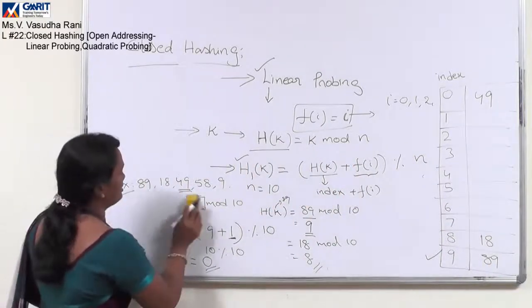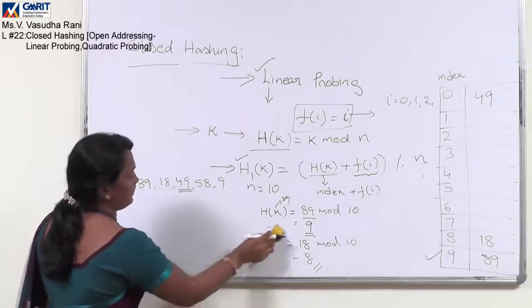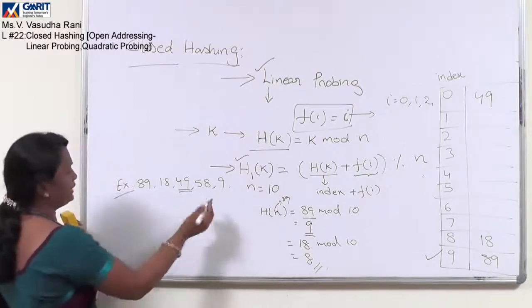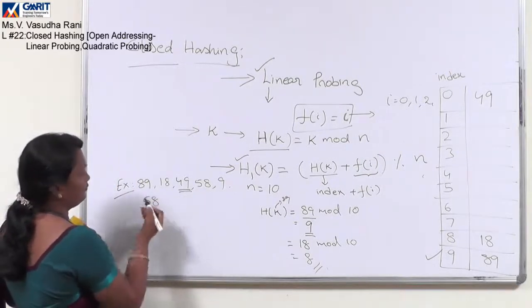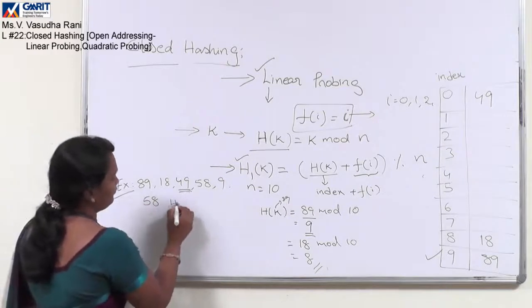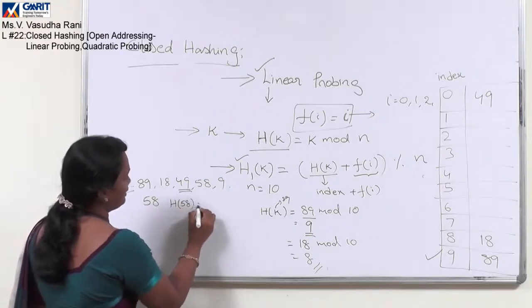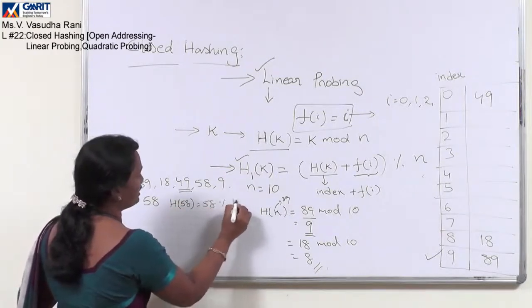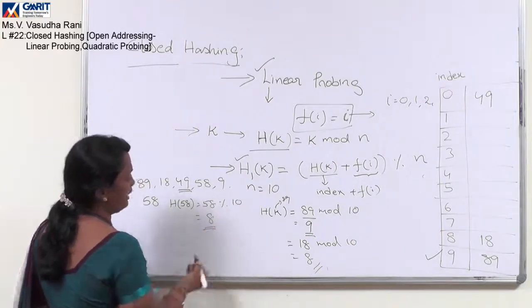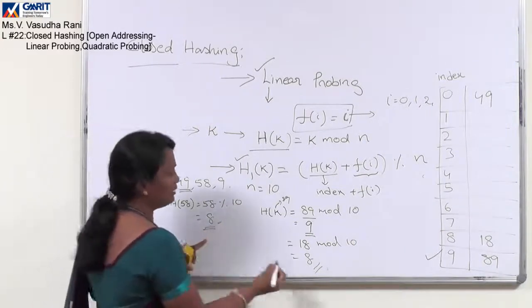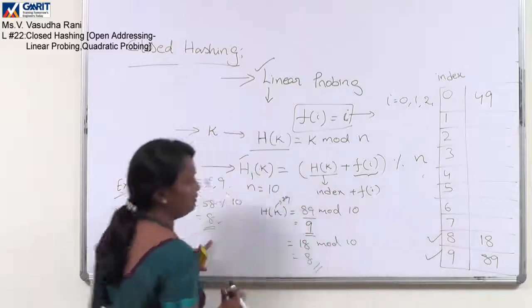Okay, let's take the next value. For key 58, h of 58 equal to 58 mod 10, which is giving us 8, but this index 8 is already filled.